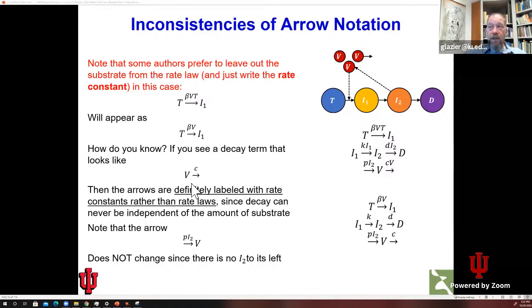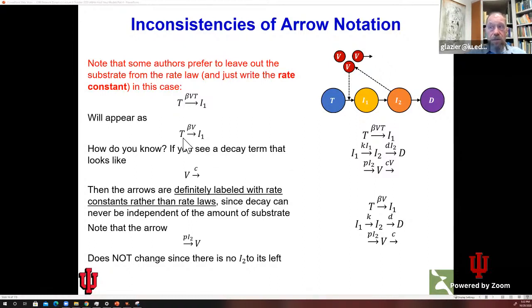And so if the amount of virus decreased at a constant rate, when the amount of virus went to 0, it would keep going down and it would become negative. And so if I ever see a decay term which just has a constant on it and isn't multiplied by V, then I know they're following the convention that they don't multiply any of the terms by the source amounts. And so you have to multiply all of the terms by the source amount.